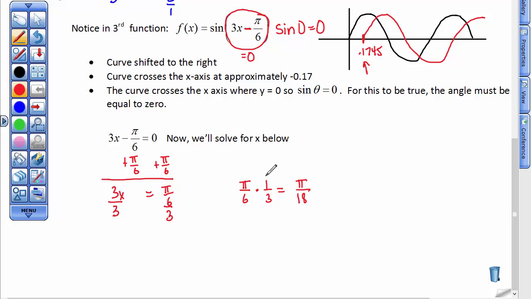Finally, let's come up with a theory then. Please notice each time I took what we were taking the sine of and solved it for x. It was 3x minus pi over 6, so I ended up taking a positive pi over 6 and dividing by 3, or multiplying by 1/3.